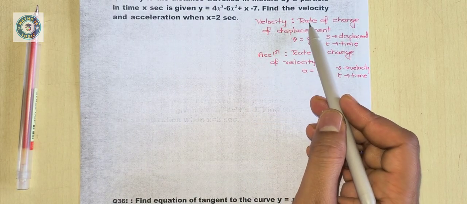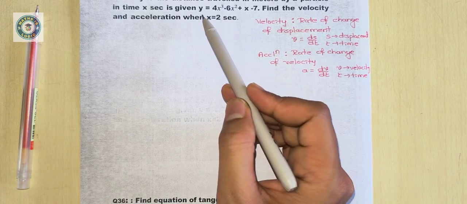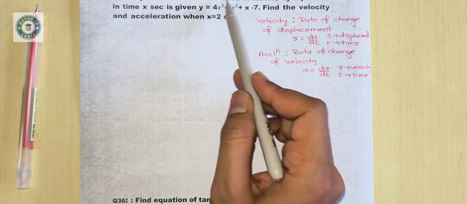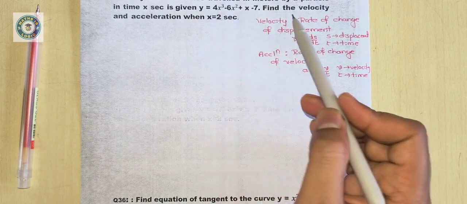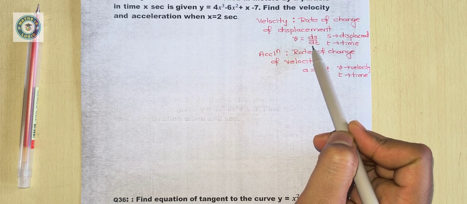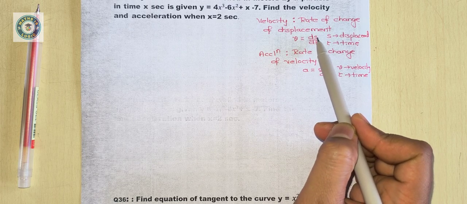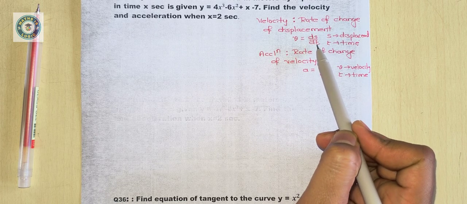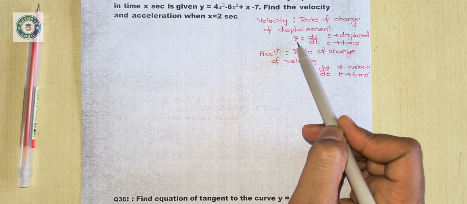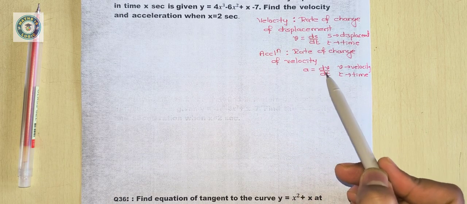Before solving this, first see the definition of velocity. Velocity means rate of change of displacement. Here the distance traveled by the particle in meters is already given. So v is equal to ds divided by dt, the rate of change of displacement with respect to time. This ratio we call velocity.